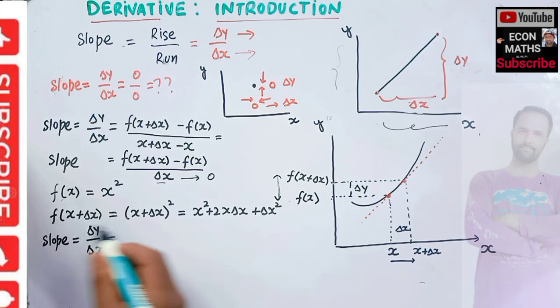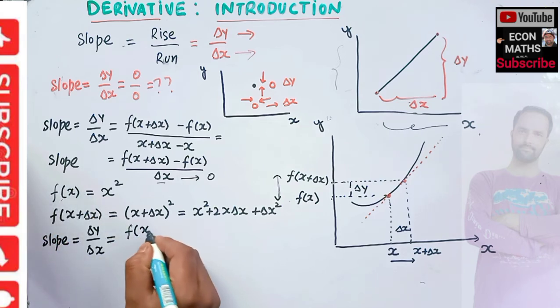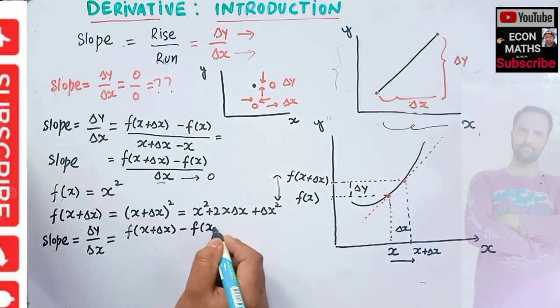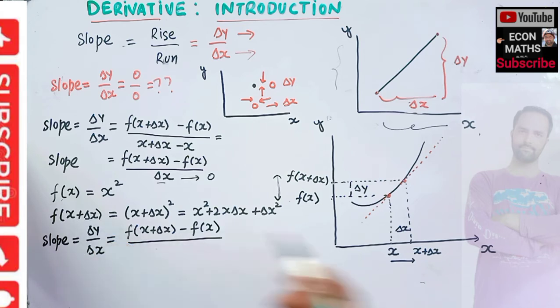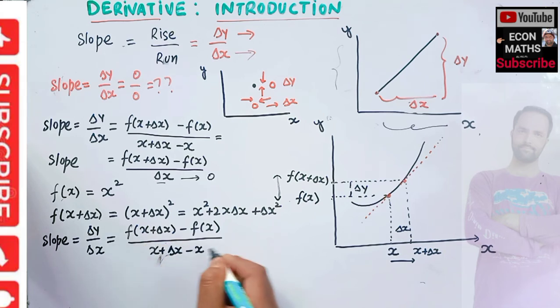And what is the change in y? The change in y is f of x plus del x minus f of x. And what is the change in x? x is changed by del x, as I have explained here. Let me write it here: we have x plus del x minus x.